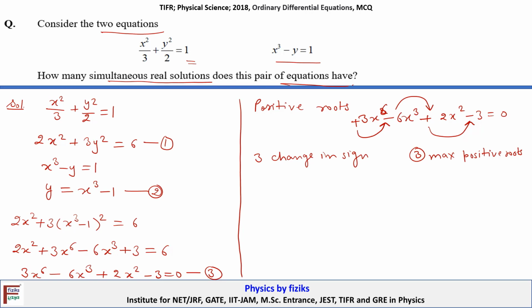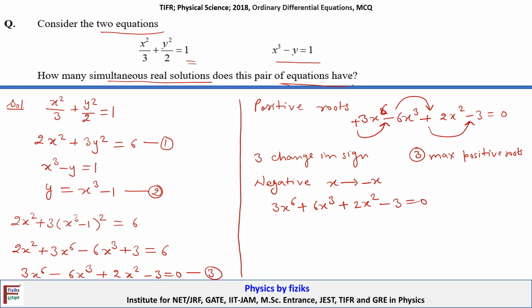Now for the negative roots, we substitute x is replaced by minus x in equation 3. Then the first term is as it is, 3x to the power 6, the second term becomes positive, 6x cubed, the third term is an even term, therefore the same as it is, and the fourth term is the constant.